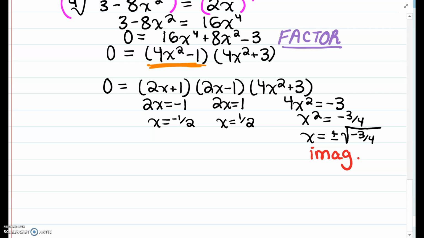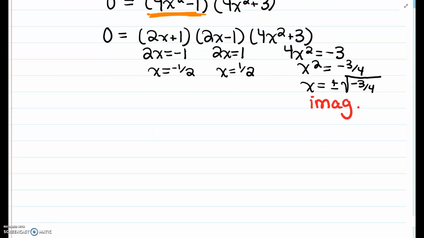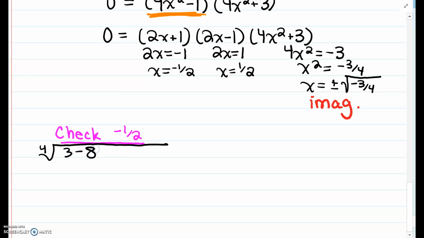But we do have to check the other two back into the original equation. First, let us check negative 1/2. We get the fourth root of 3 minus 8 times (negative 1/2) squared equals 2 times (negative 1/2).